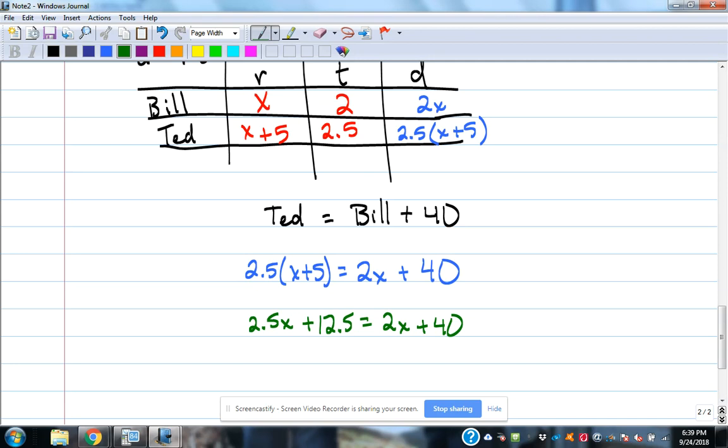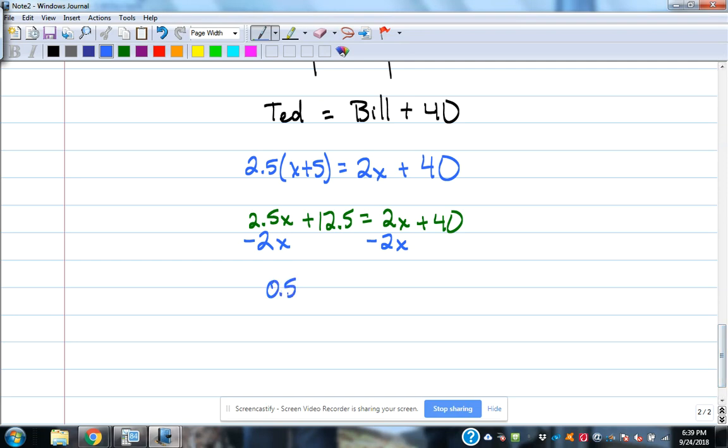What do we do next? That'll work. That's going to be 0.5x plus 12.5 is equal to 40. Now what? Subtract 12.5, good.